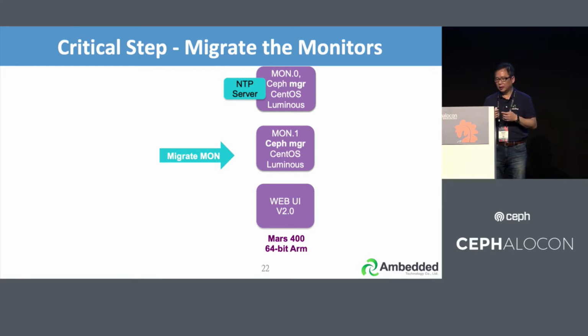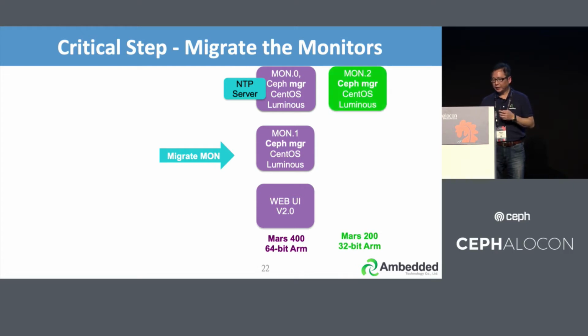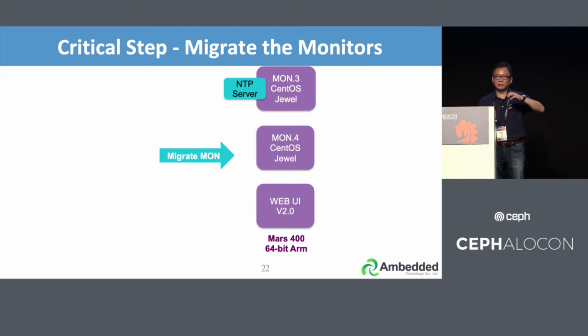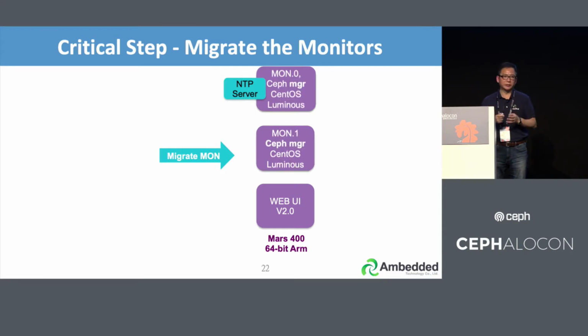Upgrading these 2 monitors is kind of easy. We install the upgrade RPM and upgrade the Ceph version, then we restart the monitor, and they become the Luminous version.